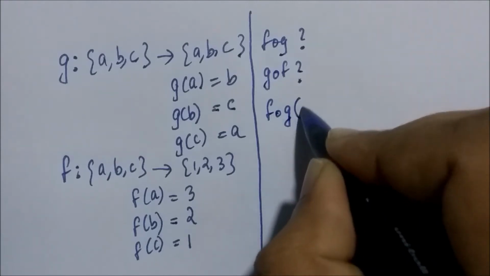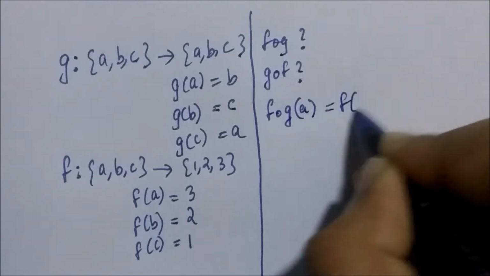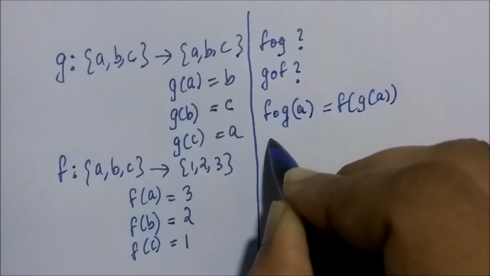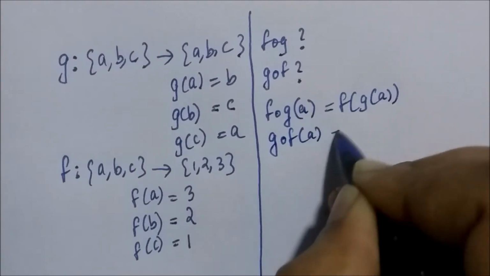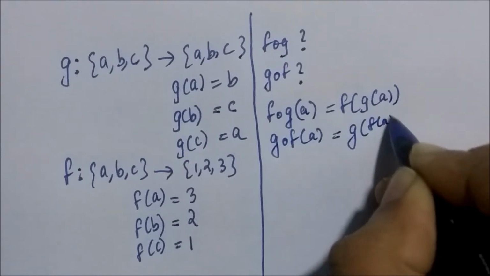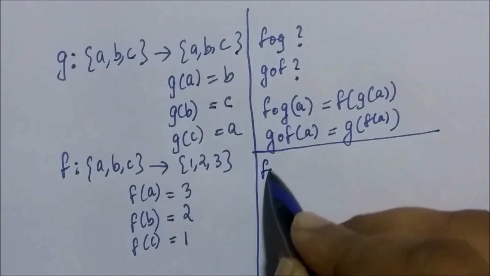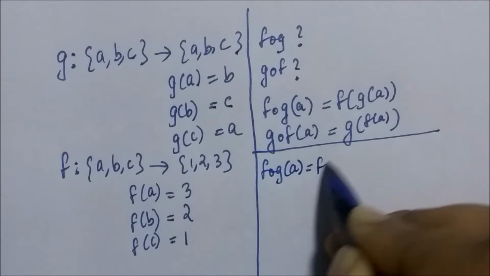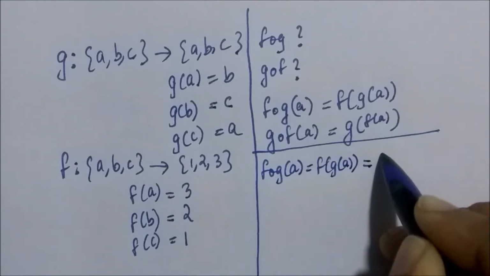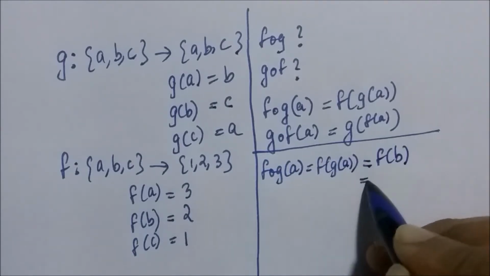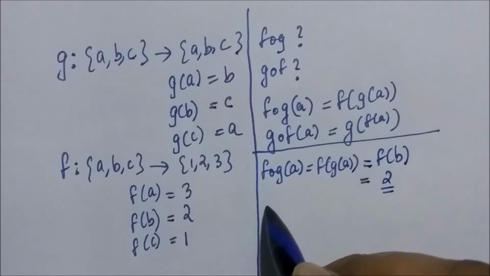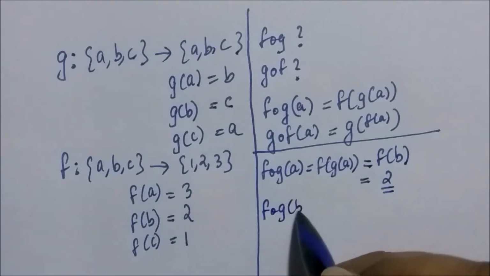So we need to find the function F composition G and the function G composition F. We know that F composition G of an element a equal to F of G of a and G composition F of a equal to G of F of a. F composition G of a equal to F of G of a. Now since G of a equal to b, F of b is the answer and F of b is 2. So F composition G of a equal to 2.